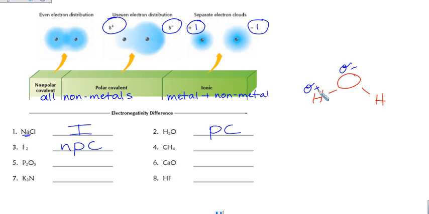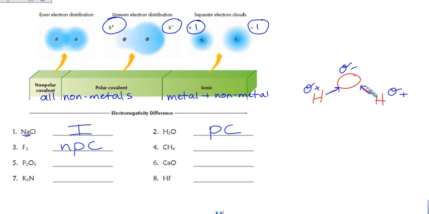And it would be the same thing with this other bond. The oxygen is partially negative. The hydrogen is partially positive. The electrons in this bond are drawn toward oxygen. It has the higher electronegativity.